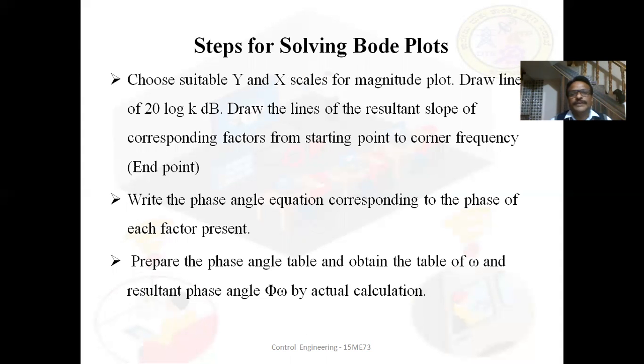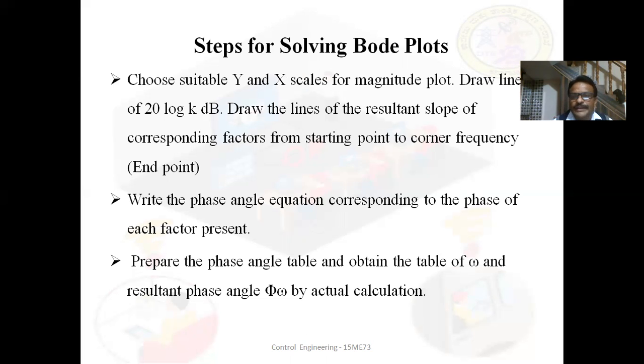Then choose a suitable y and x scale for the magnitude plot. Draw a line of 20 log k dB. Draw a line of resultant slope corresponding to each factor from the starting point to the corner frequency, that is the end point.